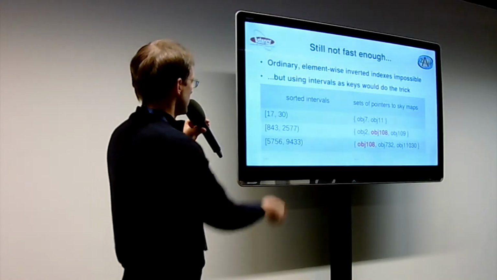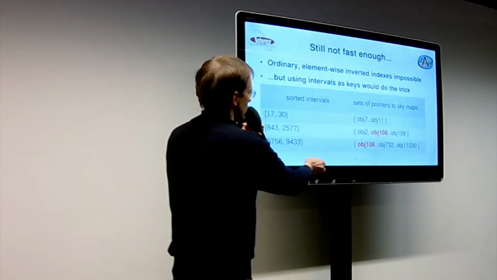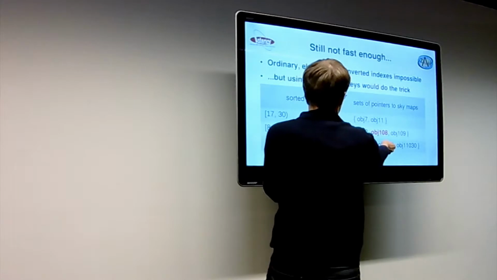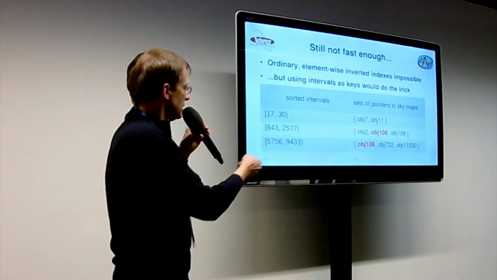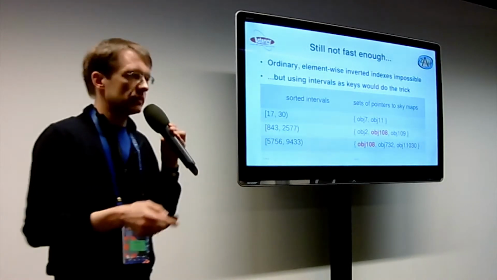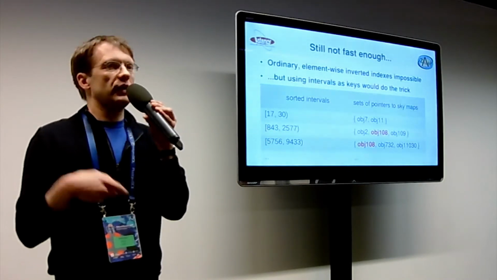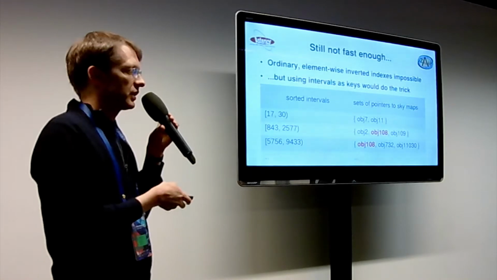Here you have basically the sorted version of the entry tree, and here you have these posting lists or posting trees. And then you can quickly go to, let's say, search for 0.6000, and you go here, and then you get all the sky maps that contain this point.